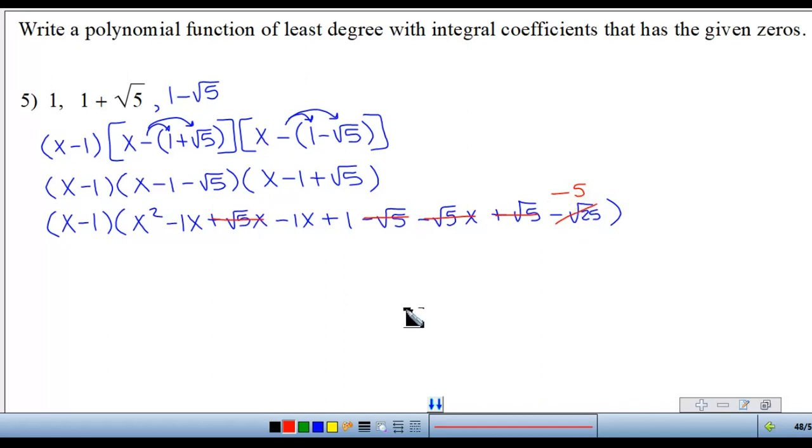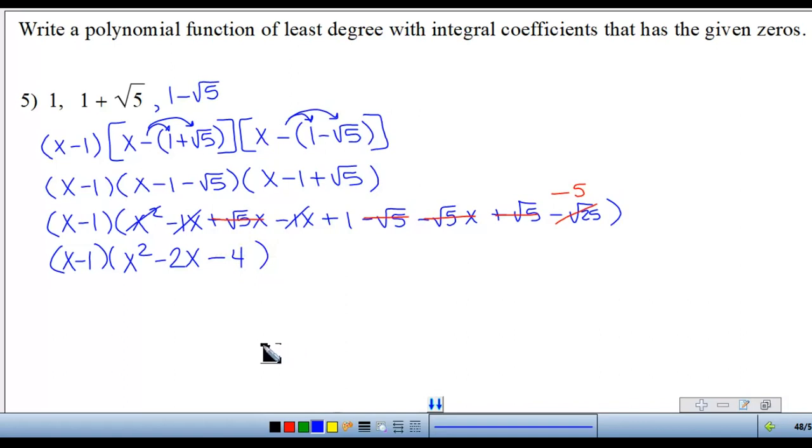Now let's look for things that can combine. I can't put anything with the x squared term, so I'll write that down. I can combine the negative 1x and the negative 1x, and that gives me negative 2x. This positive 1 and this negative 5 can combine, which gives me negative 4.